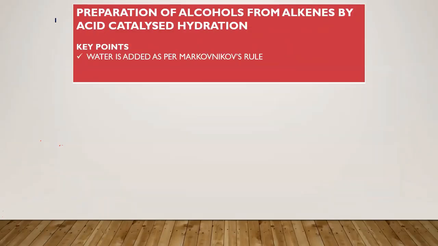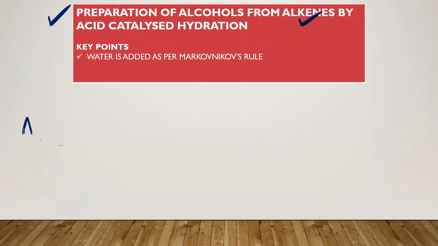Have a look here. Preparation of alcohols from alkenes by acid catalyzed hydration. Hydration stands for addition of water. So you are going to add water to an alkene in presence of an acid, and that acid will act as a catalyst.